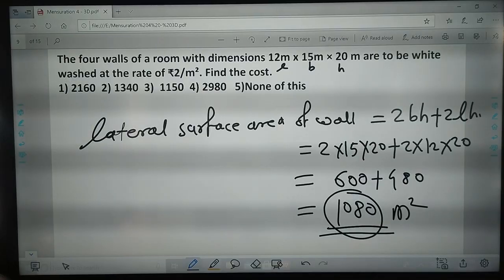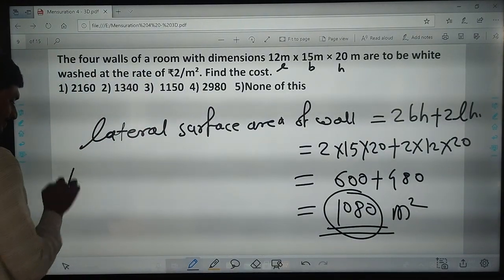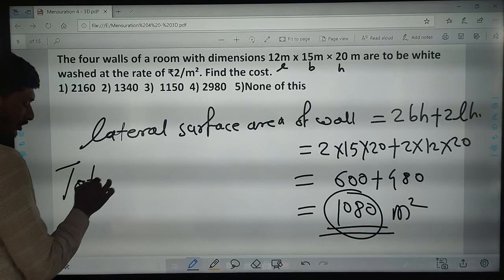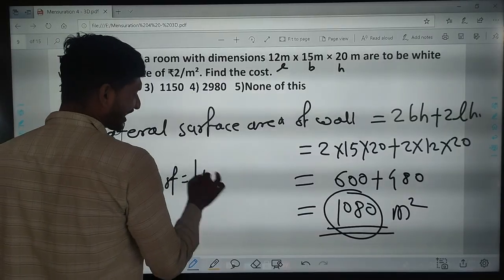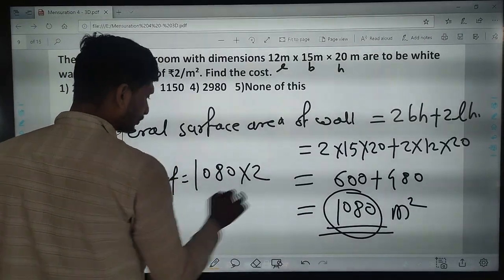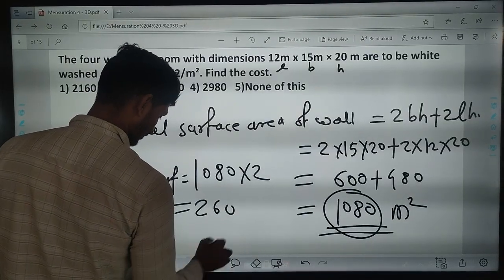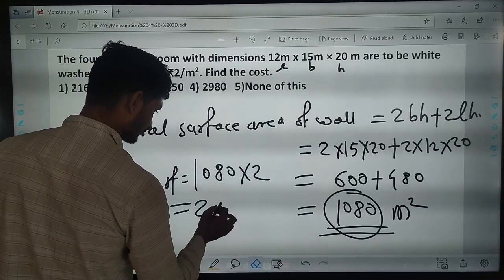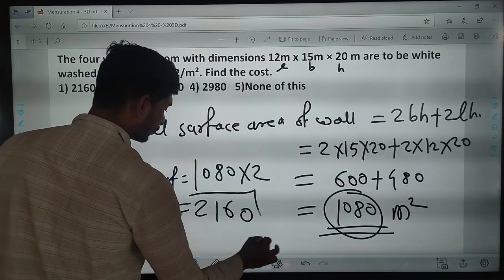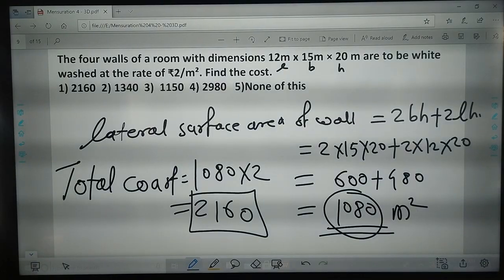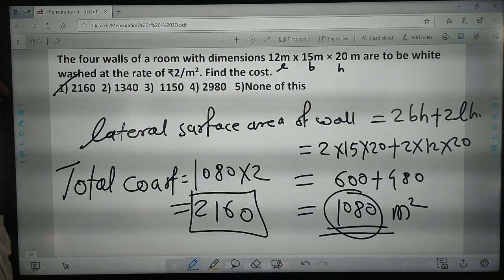Now your cost is 2 rupees per meter square, so the total estimated cost is 1080 into 2, that is 2160. Your cost is 2160.